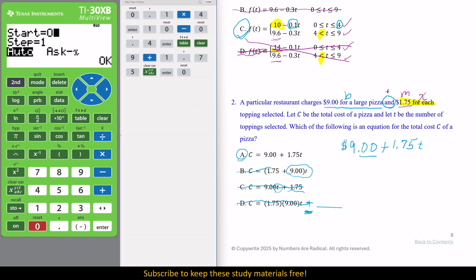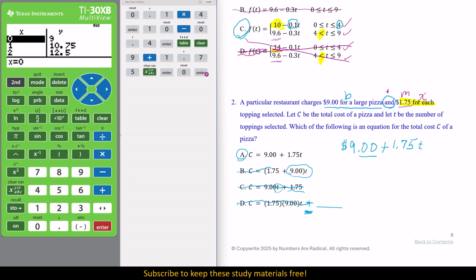Let's say I just want a cheese pizza, and we're going to assume they don't charge me for cheese. Even if they do, they're not going to charge me that much. So let's start at 0 and push enter and enter. And let's look at how much that pizza would be. And this makes sense. The first pizza would only be $9 because I didn't want anything on it but cheese.